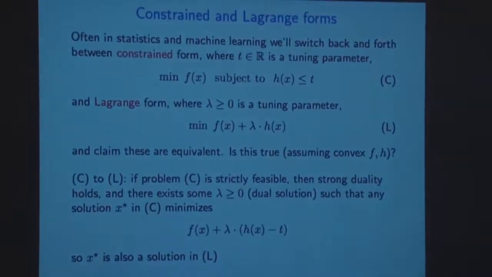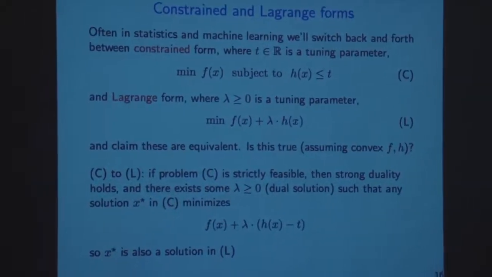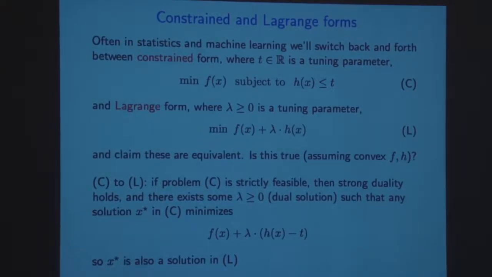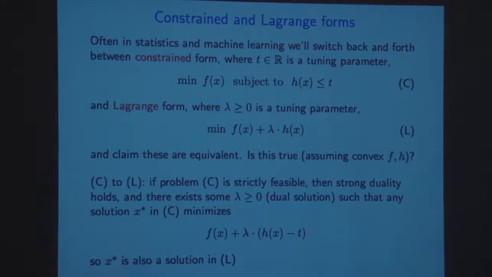Okay. Here's another topic that I think is one that we run into all the time in stat and ML, and that's constrained versus Lagrange form. We have our favorite problem. We have our favorite loss function f and our favorite, say, regularizer h.